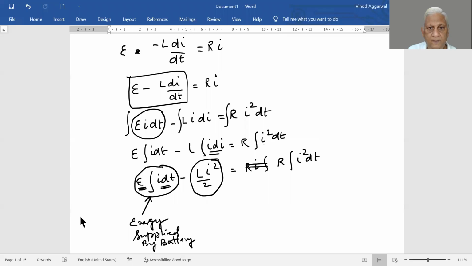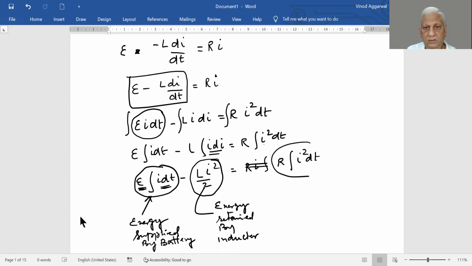This is the energy obtained by the inductor, and this is the energy consumed by the resistors.